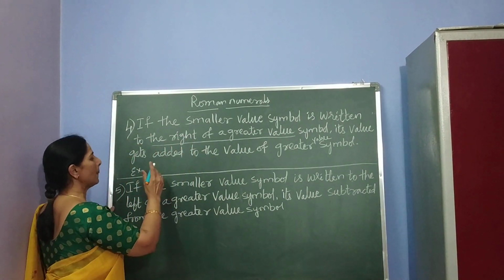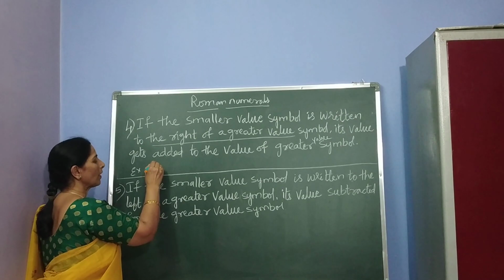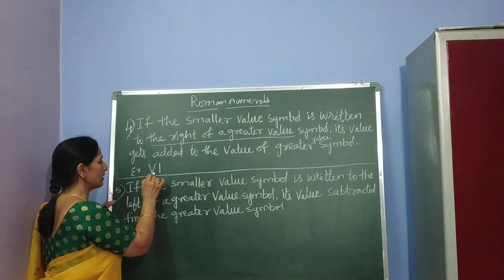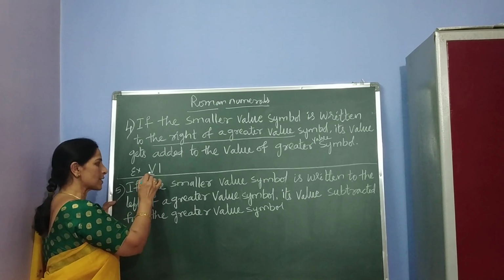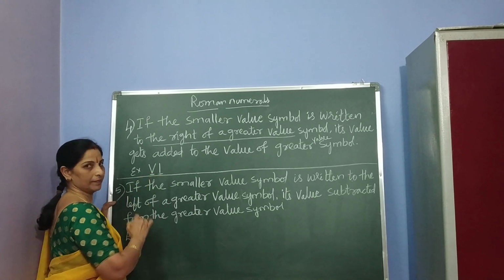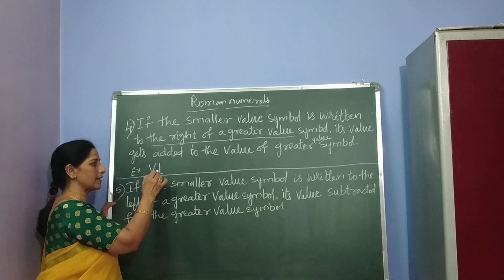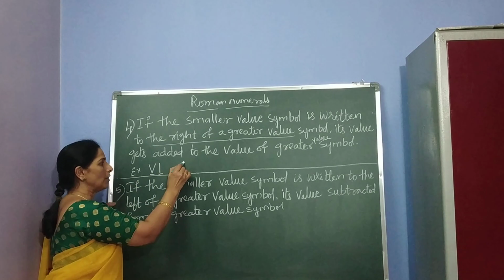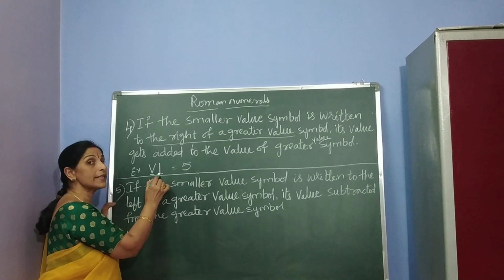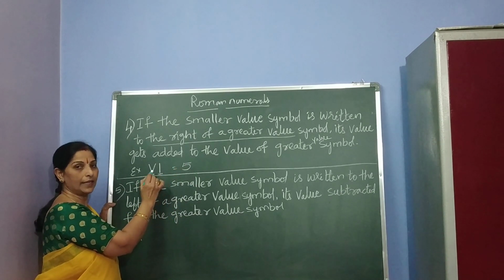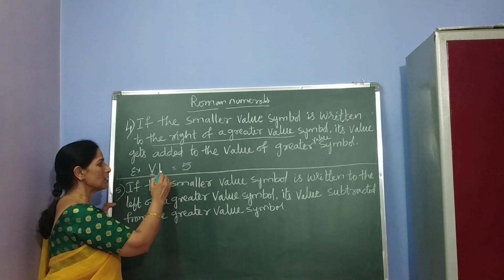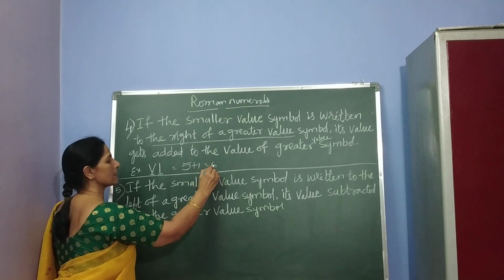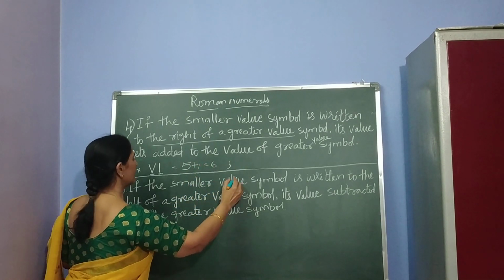For example, here VI. V is the greater value; its value is greater than this symbol's value. This symbol's value is 5, and the smaller one is written to its right side. So the value will be added. It gives 6.